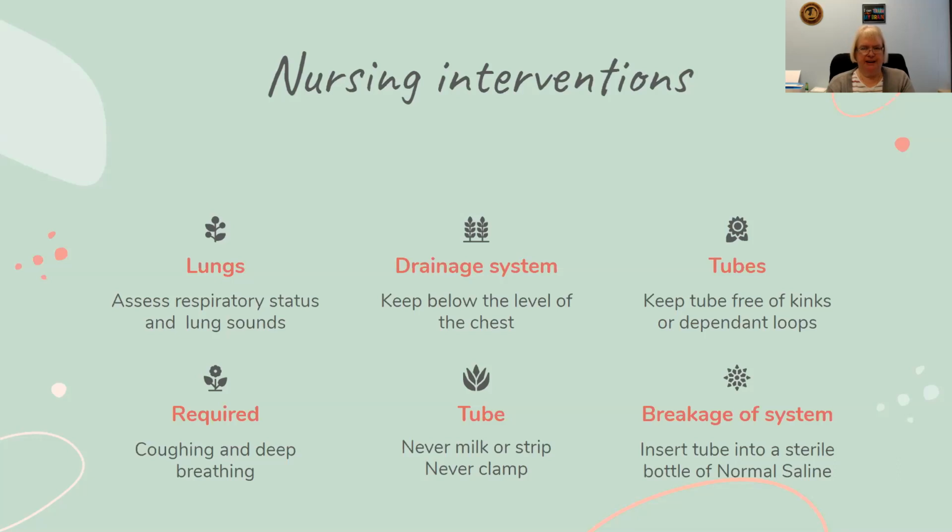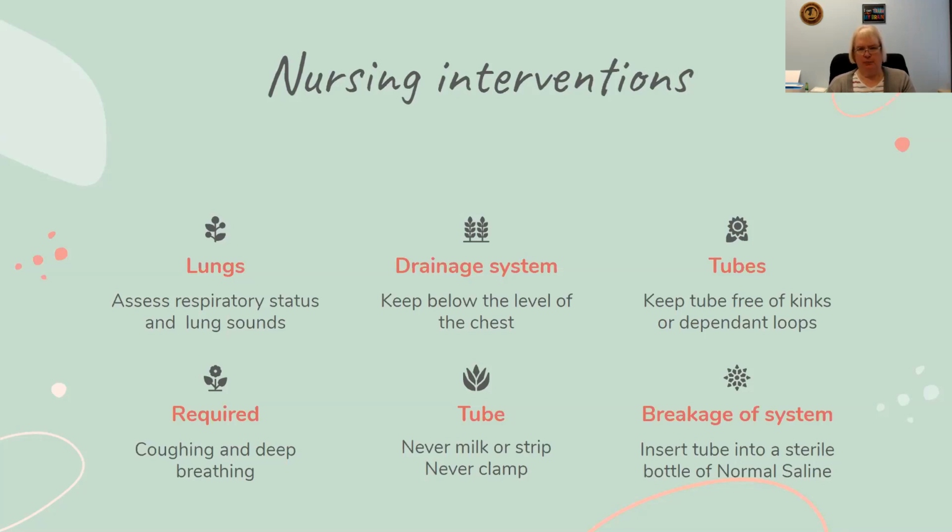The tubes need to be kept free of kinks and no dependent loops on them. I need to encourage coughing and deep breathing to help bring out any of the mucus that is in the lung, and it is also to help just with the respiratory system reestablishing itself.